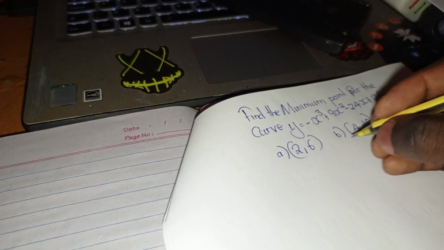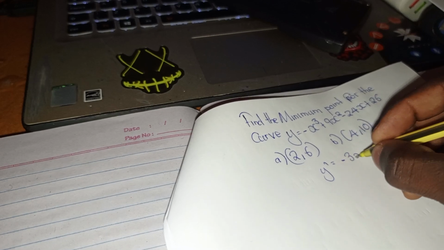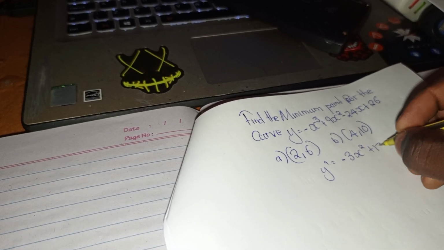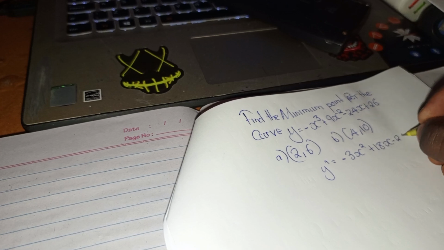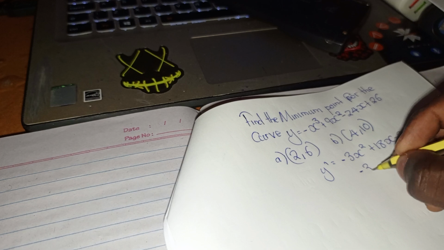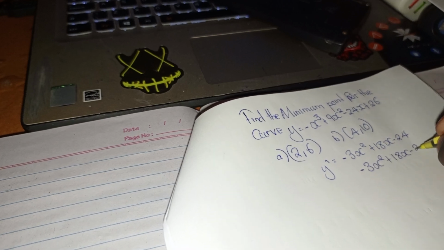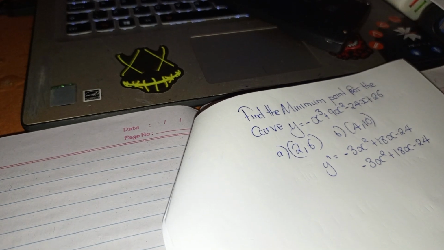So we'll first find the derivative, where we know to say we have this one to be our derivative, plus 18x minus 24. So we find the critical values by equating it to 0. So we will have this as our expression. Then there is a number which is common here.